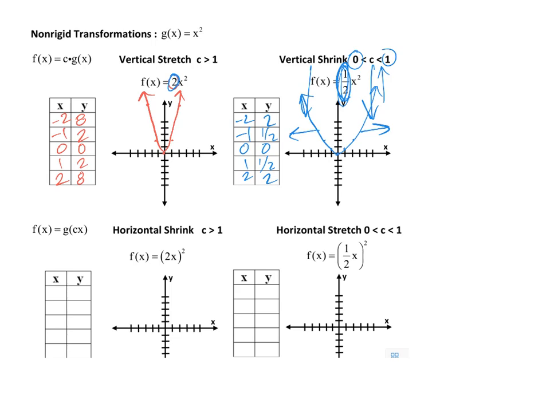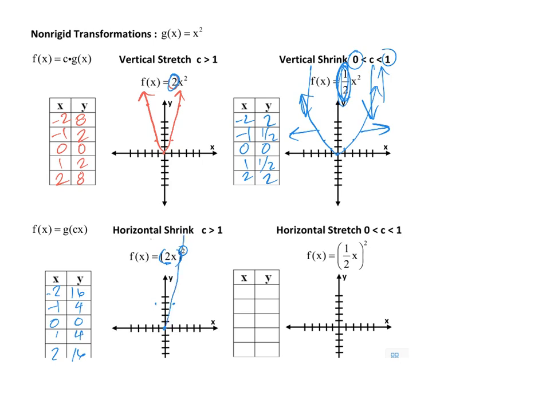Now what happens if you throw the number inside of the function? Because here we have squared, and we're squaring everything. What effect does that have on the graph? We got 16, 4, 0, 4, 16. So here I have 0, 0, negative 1 up 4, 1 up 4, and I'm going way up.